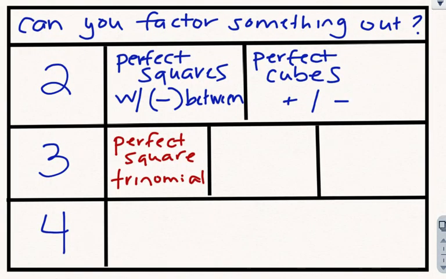If it's 3 terms but they're not perfect squares, and there's nothing in front of the x squared term, or what's there is 1, then it would look something like this.